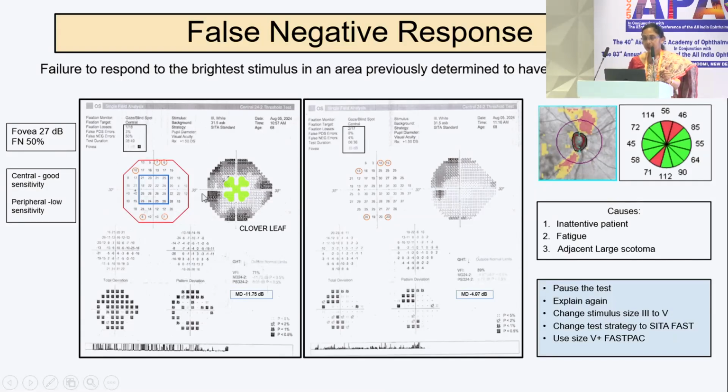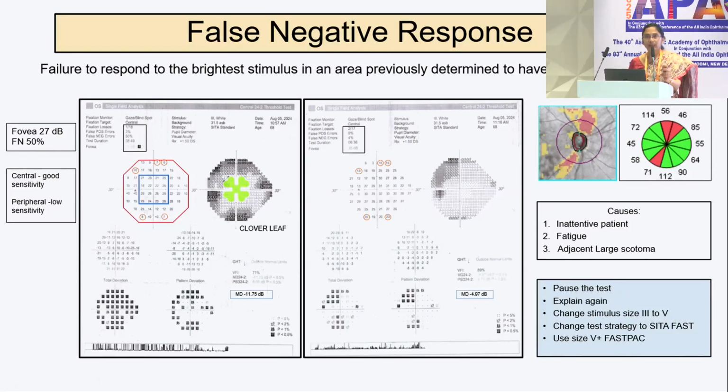Hence this will produce a clover leaf pattern, because central points are detected and the patient has been performing properly, and the peripheral points show a lot of depression. False negative response here is very high and the test is flagged off with 2 cross marks. So this again has to be identified.